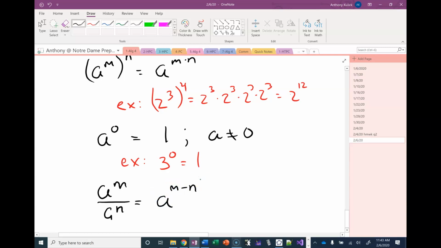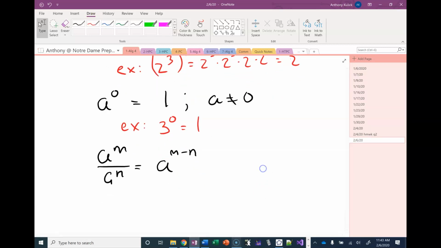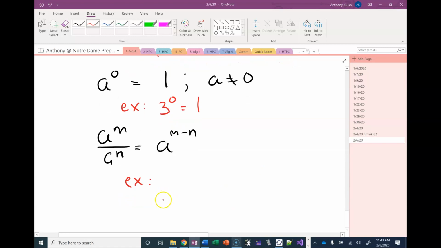We subtract. So, for example, if I have 2 to the 5th over 2 to the 3rd, what would I get then? 5 minus 3. Okay, 2 to the 5 minus 3, or 2 squared.